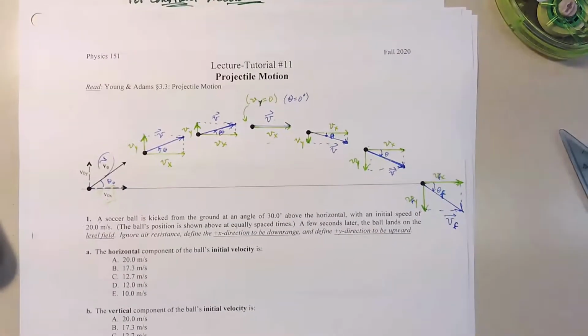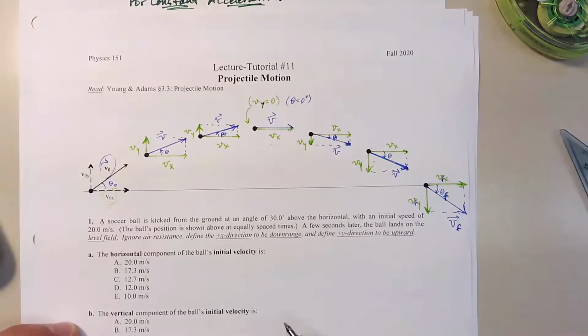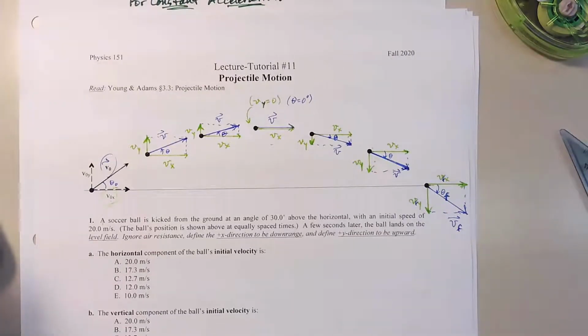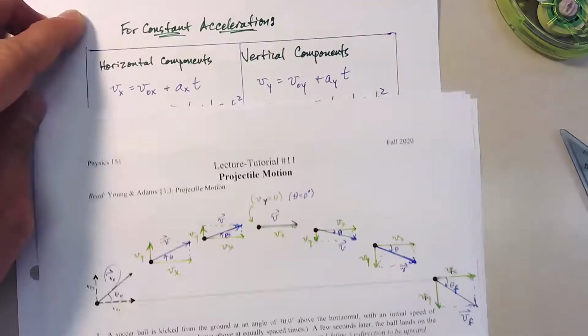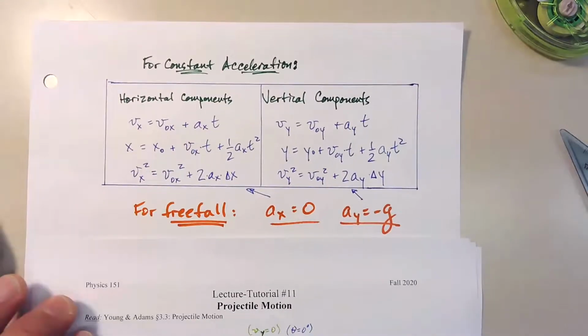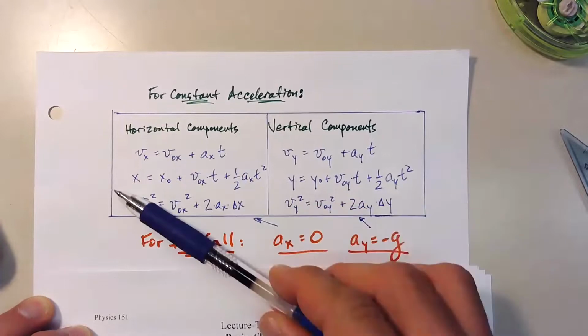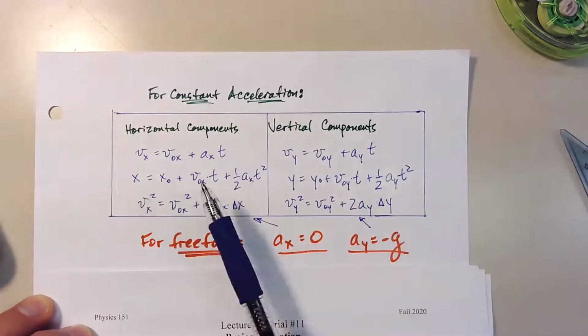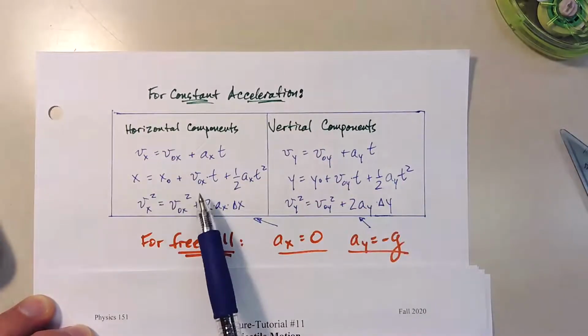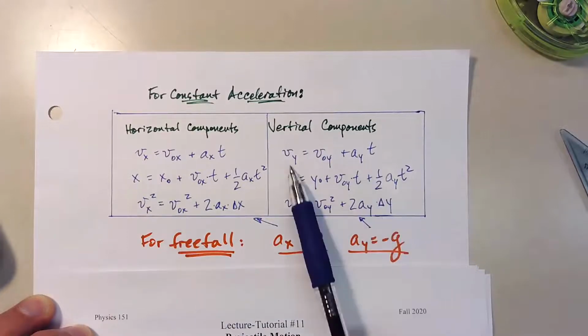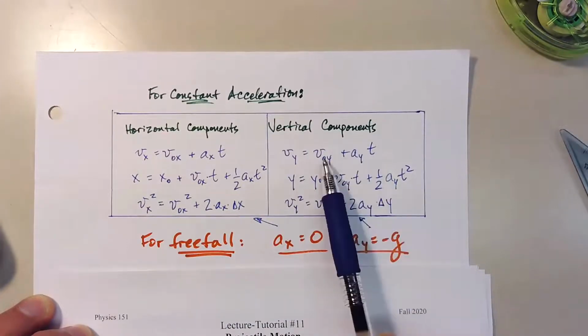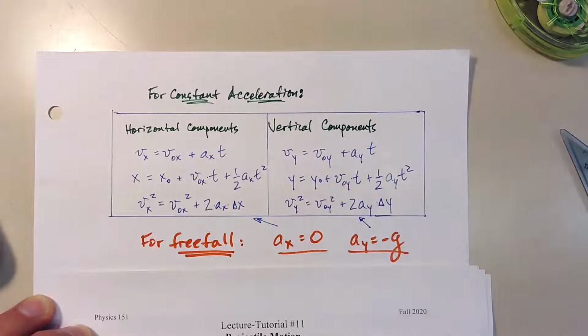All right. Now, for almost every projectile motion problem that I work on, it is going to be desirable for us to know the x and y components of the initial velocity. Notice how all of these horizontal component equations have the x component of the initial velocity, and all three of the vertical component equations have the y component of initial velocity.